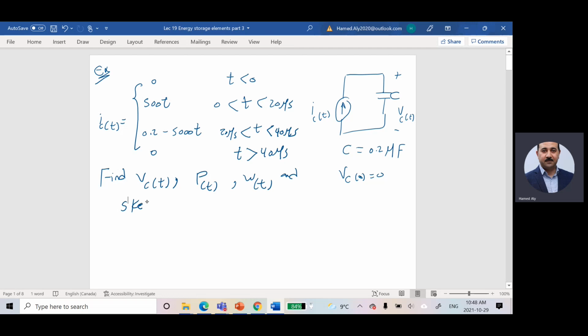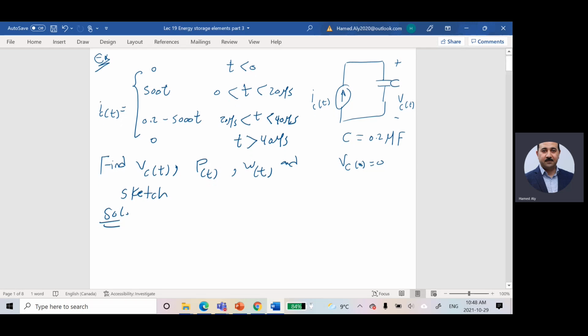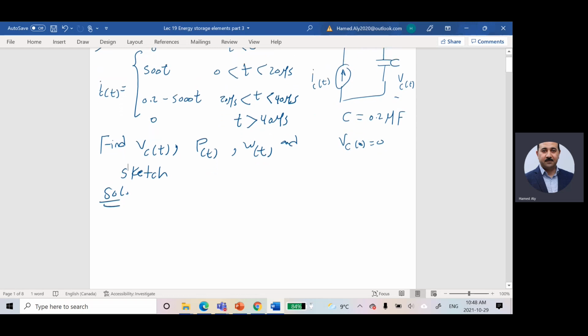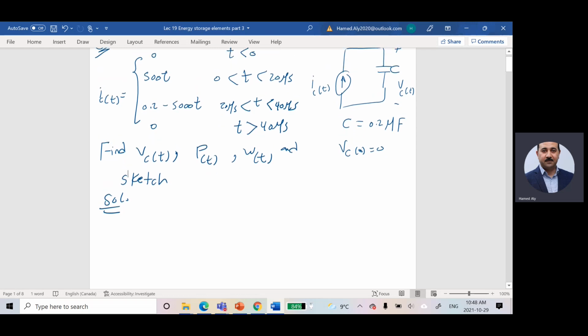And for sketching, guys, I'm not looking for the actual graph. I'm looking for a sketch. You can choose 3 different points and substitute and draw the curve based on that. So he asked you to calculate V, calculate P, calculate the energy.